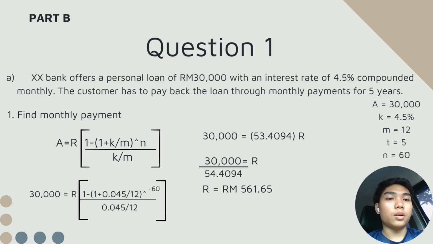Then we calculate everything in this bracket, and we will get 53.4094. We move that to the left, so there will be 30,000 divided by 53.4094, and we will get the final answer RM561.65. This is the fixed monthly payment the customer must make for 5 years.